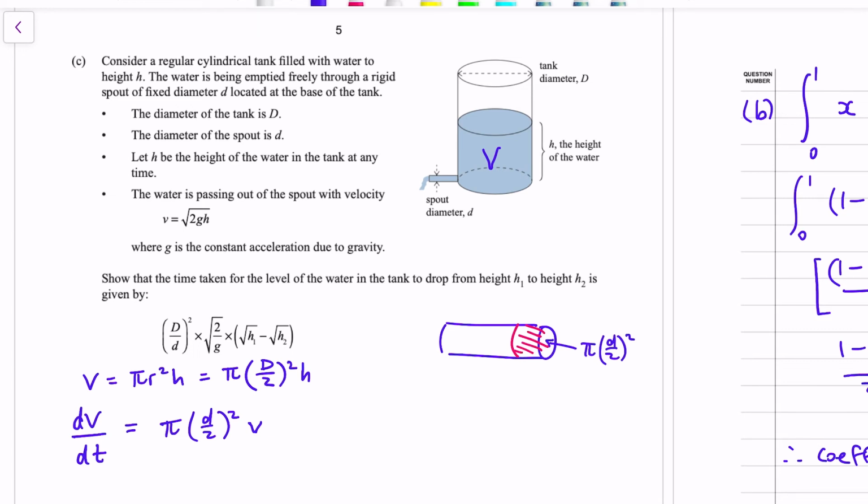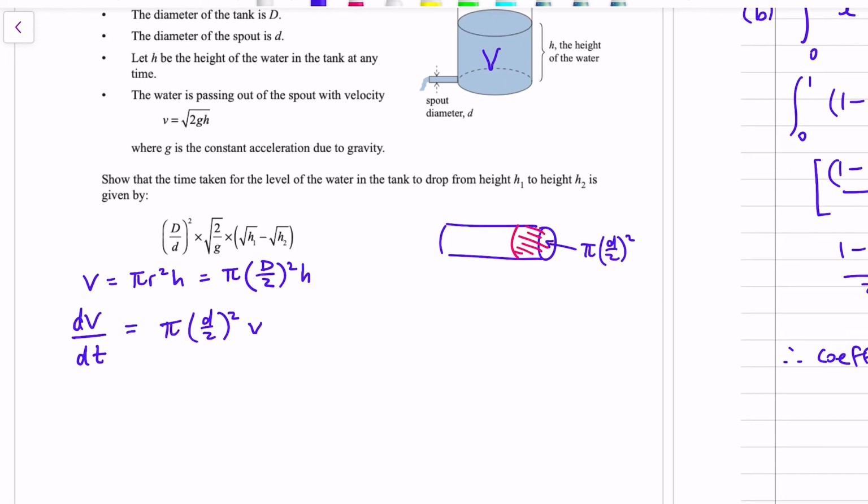So for example, if it's going out at 2 meters per second, then in 1 second that would be 2 meters, and so the volume, it's a small cylinder, right? So you've got the area times the height. So that's why we multiply by the speed there. But the problem with this differential equation that we've got is it's got 3 variables in it: volume, time, and speed. So we replace the speed bit with root 2gh.